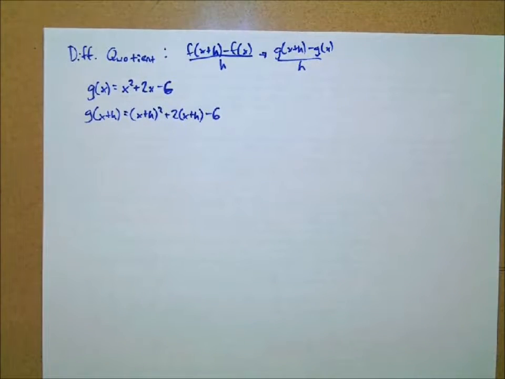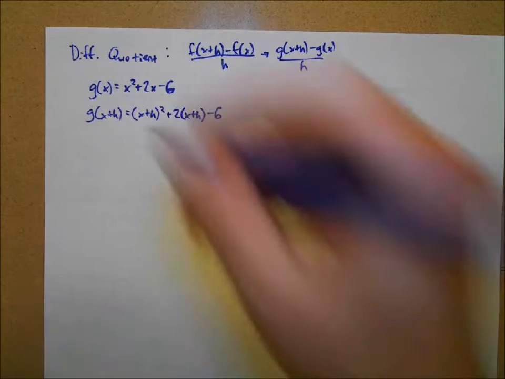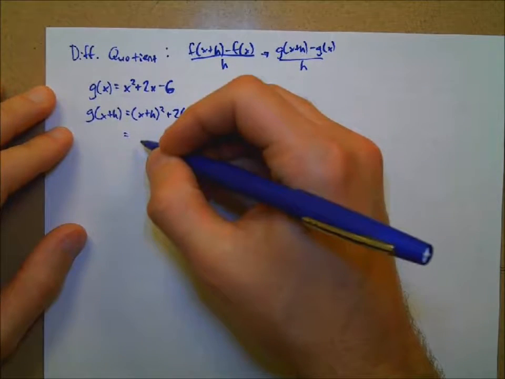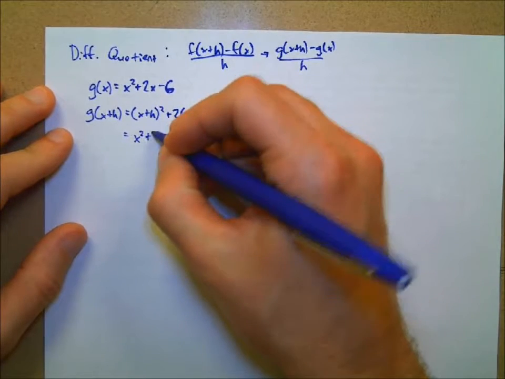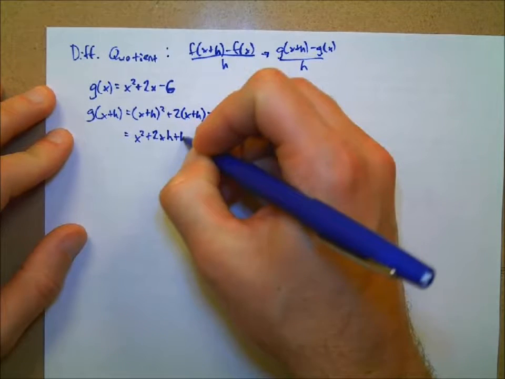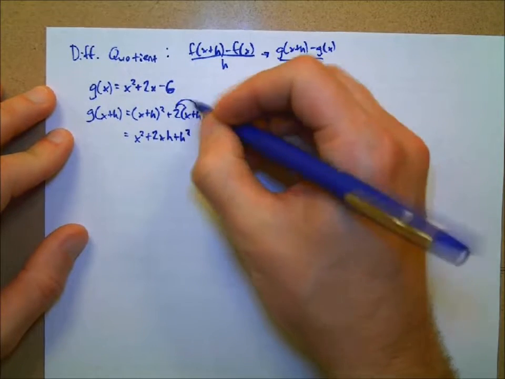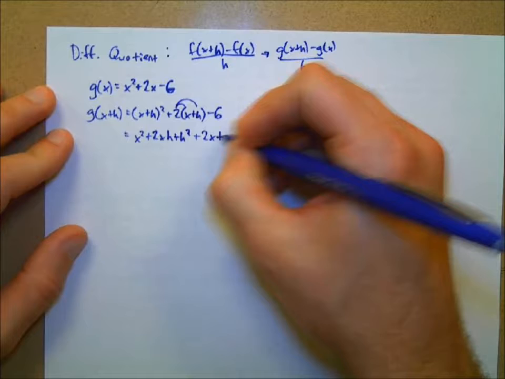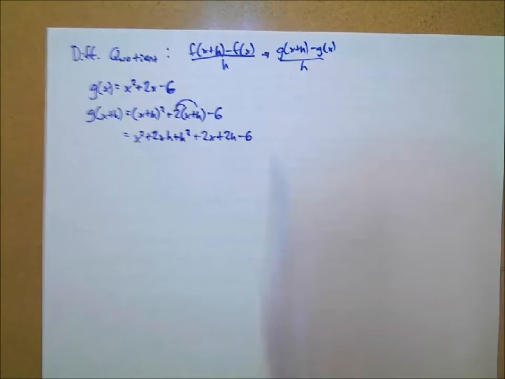I replace all the x's with x plus h's, and then we'll simplify this. I have to expand out x plus h squared, so it's x squared plus 2xh plus h squared, and then distribute the 2 to x plus 2h, and then minus 6.